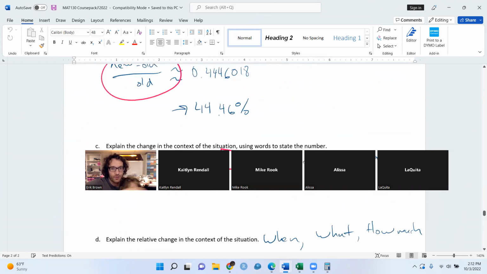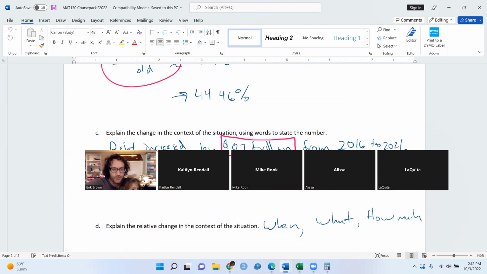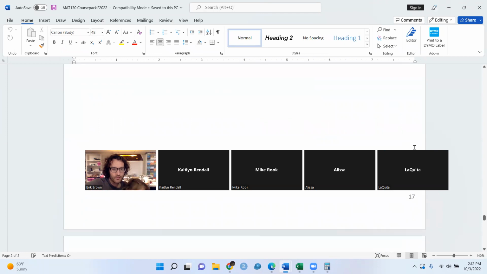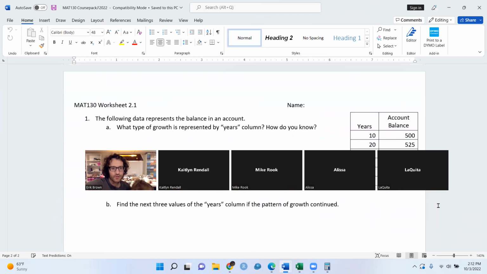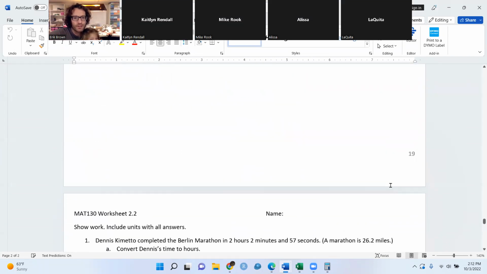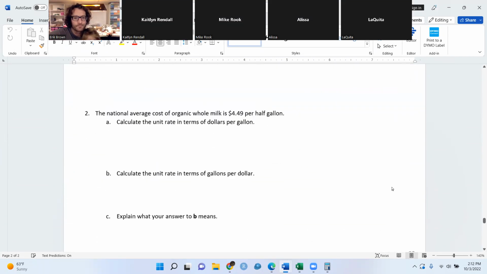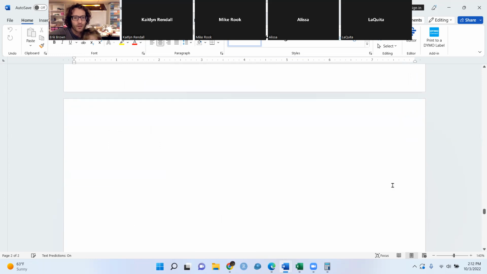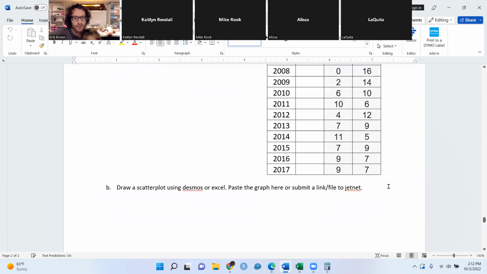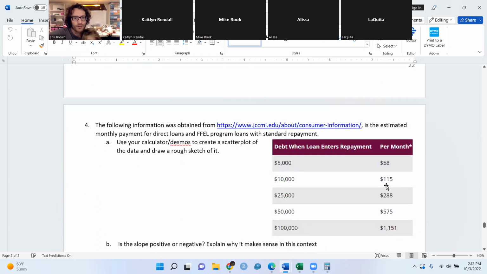So if you look at the 2.3 worksheet, you can see problems like what we just did, the second 2.3 worksheet.